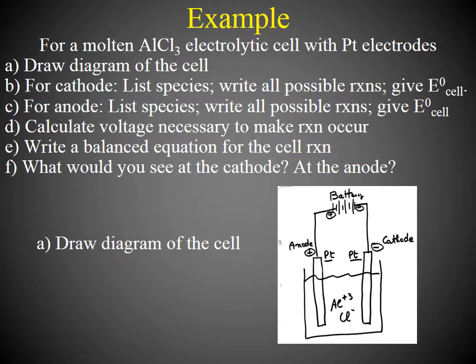I would indicate that the electrodes are platinum, as I've done here, by indicating Pt. I have to indicate the sign of the anode and cathode, and show, of course, that the cathode is attached to the negative side of the battery and the anode is attached to the positive side of the battery.